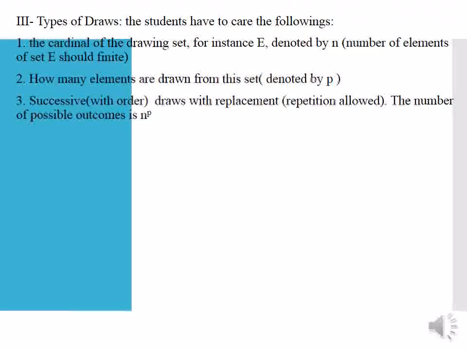So the first type is successive with replacement, repetition allowed in this case, and with order. The number of possible outcomes in this case is n power p, and we call the type of this draw p-list.